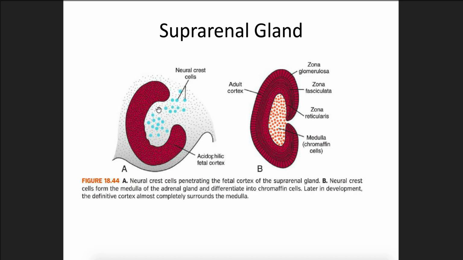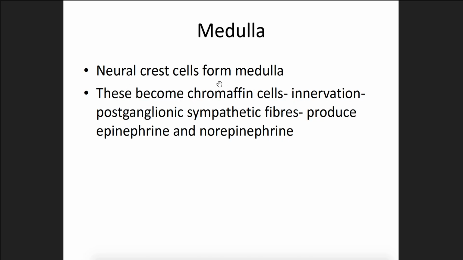Now we come to the medulla. The medulla cells from the neural crest will be migrating and invading this developing suprarenal gland medially, from the medial aspect. And these neural crest cells will then form the medulla. And how will they do it? These neural crest cells will come into the medial aspect of the developing suprarenal gland and they'll form the medulla.